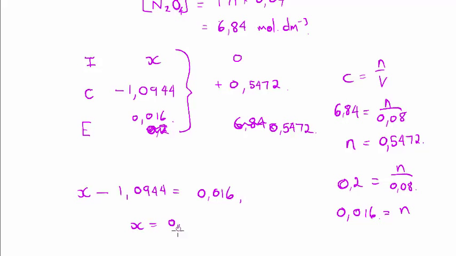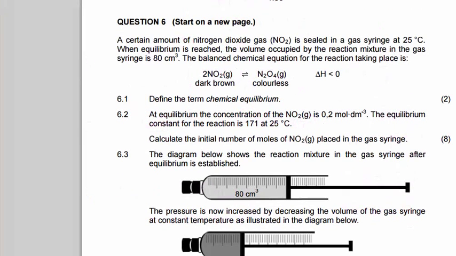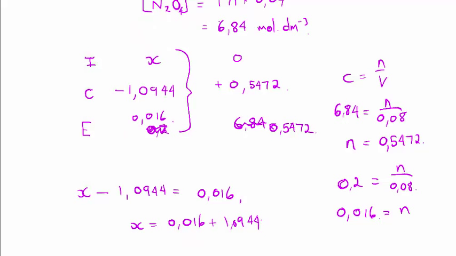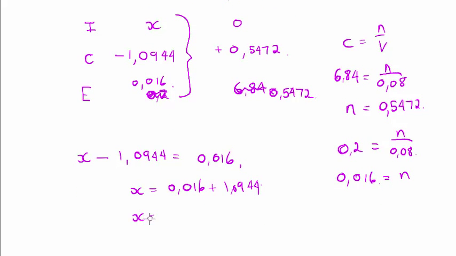So in other words, x is equal to 0.016 plus 1.0944, which equals 1.1104. 1.1104. Let's just see. This is now in moles.